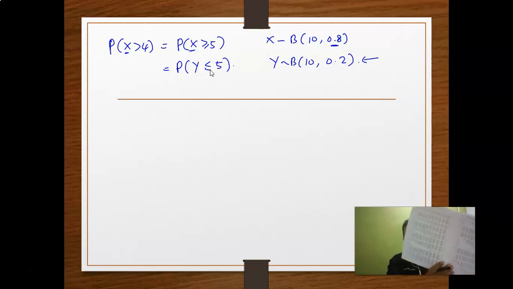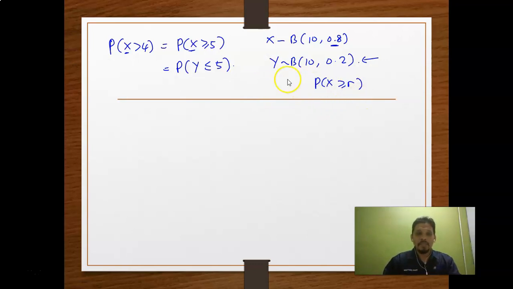this book gives us the reading for X greater than or equal to r. So for this one here, you come up with 1 minus the probability of Y greater than or equal to 6.